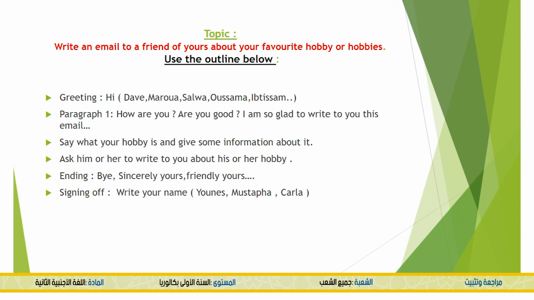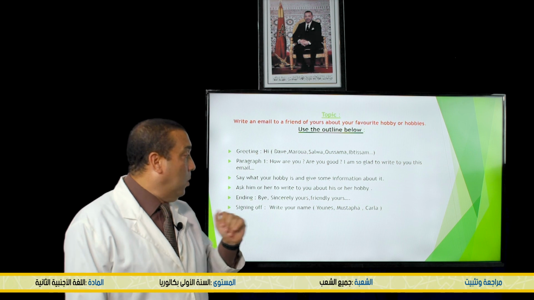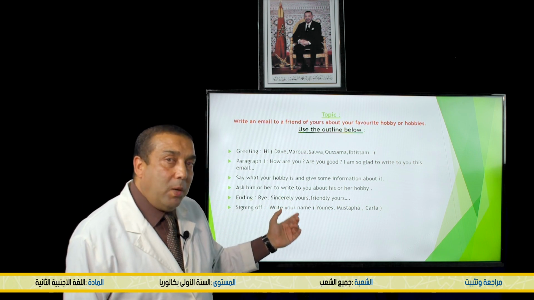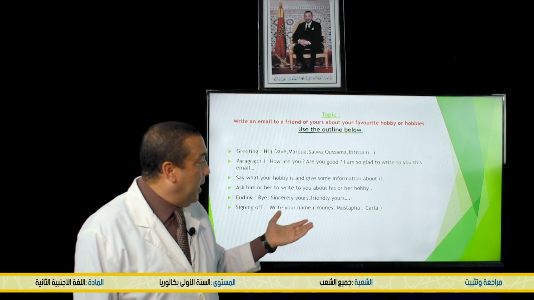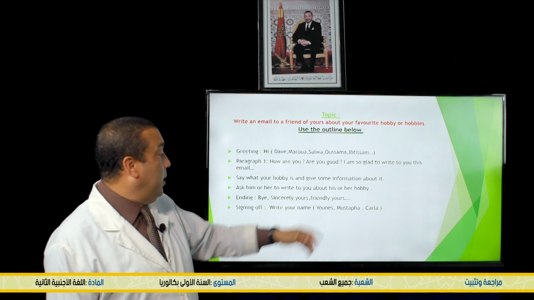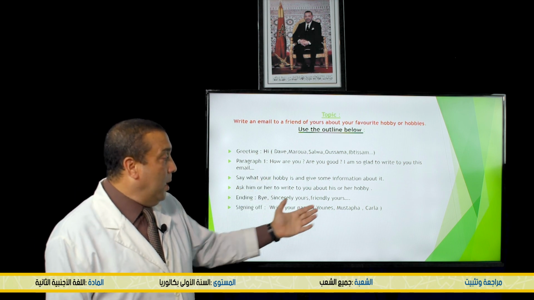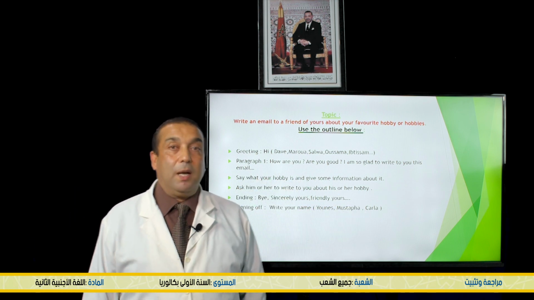And ask him or her to write to you about his or her hobby. Okay? Ending, say bye, or you say sincerely yours. These are expressions that we use when we finish a letter or an email. Friendly yours, etc. Signing off, write your name, for example, Younes, Mustafa, Carla, etc.